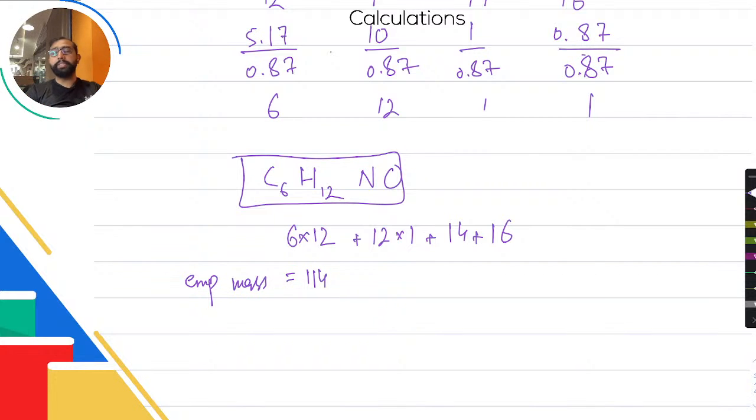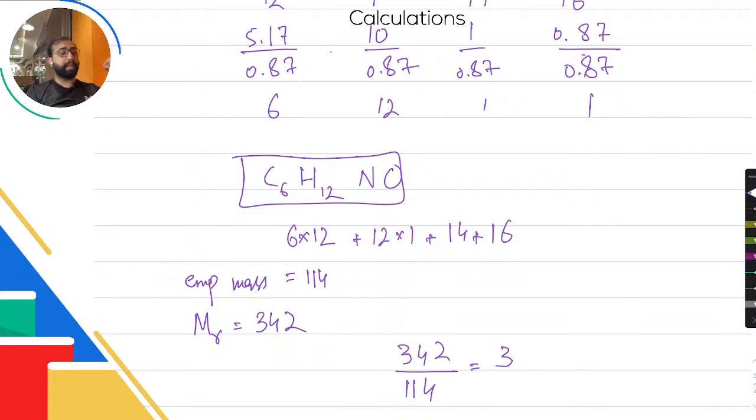Now, there are cases where this might not be the case. What if the MR came out to be 342? Let's say that was the case. Then we will need to figure out the ratio first. So we'll divide the MR by 114 to get the ratio, which is 3.